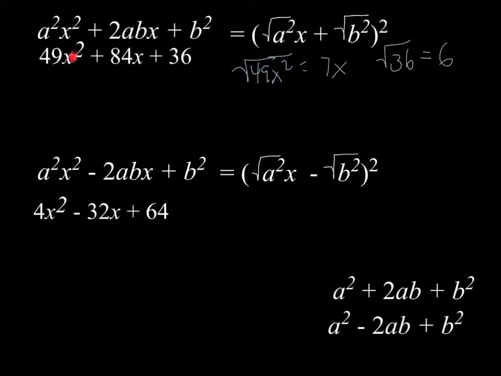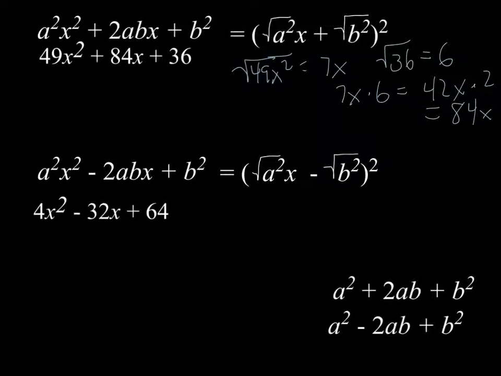So looking at this, we figure out this is a perfect square, this is a perfect square. The last part of the test is to see whether this is 2 times the square root of that times the square root of that, and the square root of the first term is 7x. If I do 7x times 6, I get 42x. Multiply that by 2, and I get 84x.